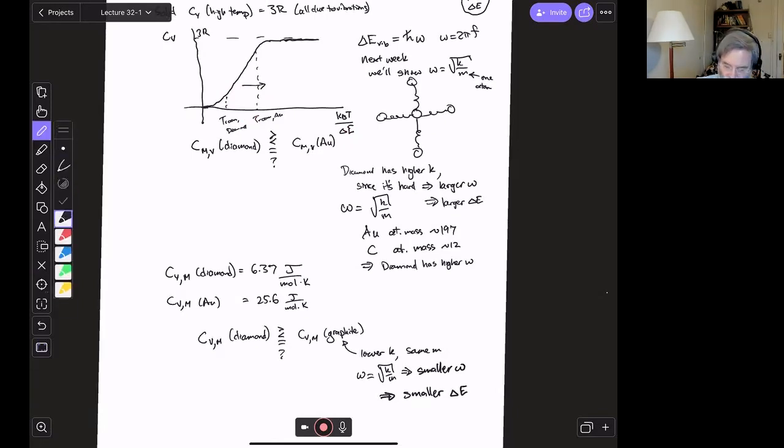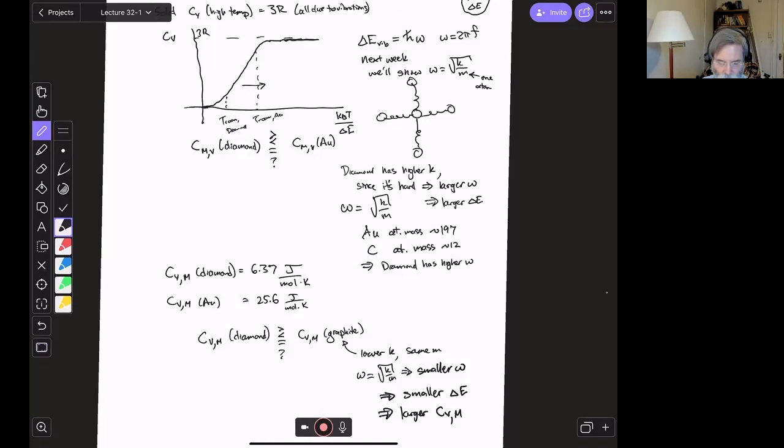So it's going to have a larger heat capacity. And again, it's larger because since the delta E is smaller, fewer of the atoms are stuck in the ground state, because with the thermal energy available at room temperature, they can get out of that ground state more easily. And so that energy matters and contributes to the heat capacity.